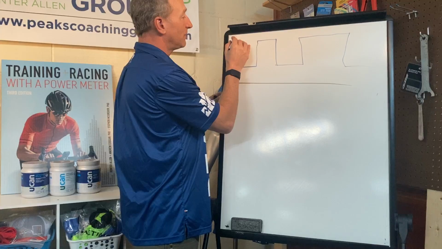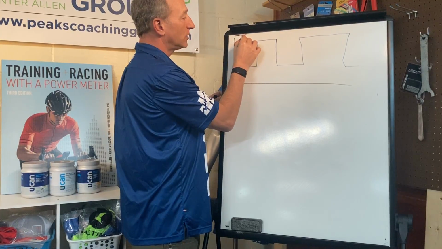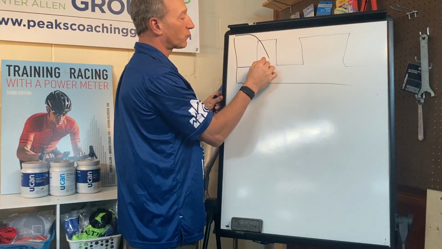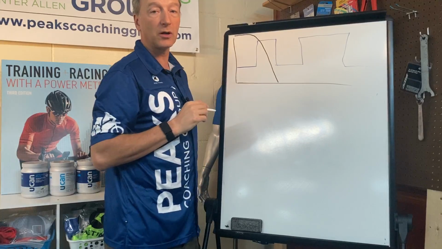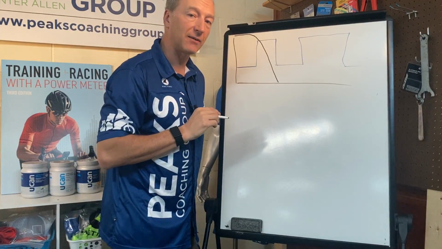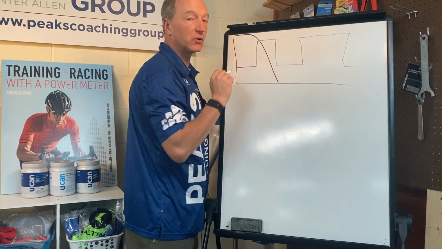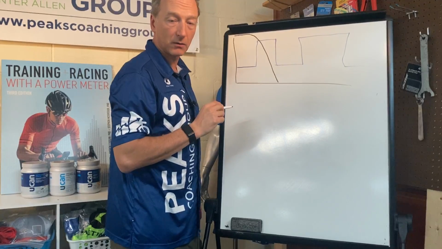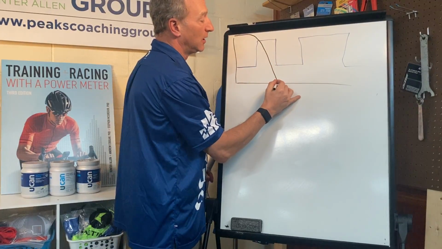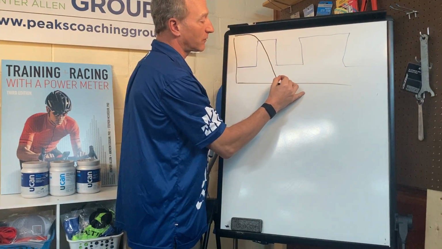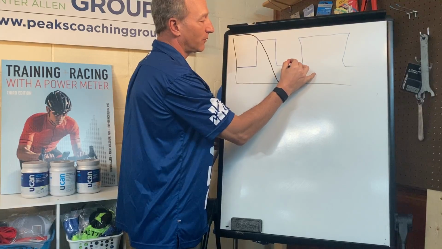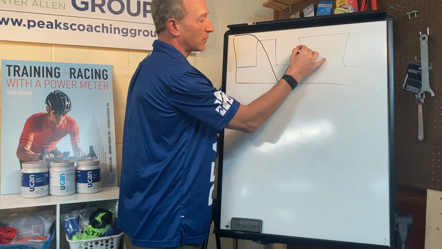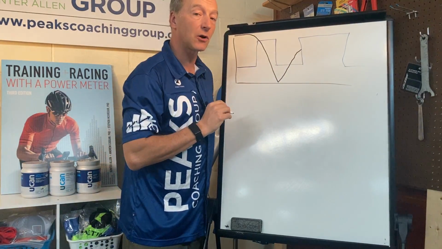So your FRC may start right here, and then when you get to the 5-minute, it just goes straight down to the bottom right here, and you completely deplete that FRC so that when you get to the 20-minute, you're more aerobic. You don't have that FRC to rely on. So this starts to come back up, and you may only recover that much, and then you start your 20-minute.